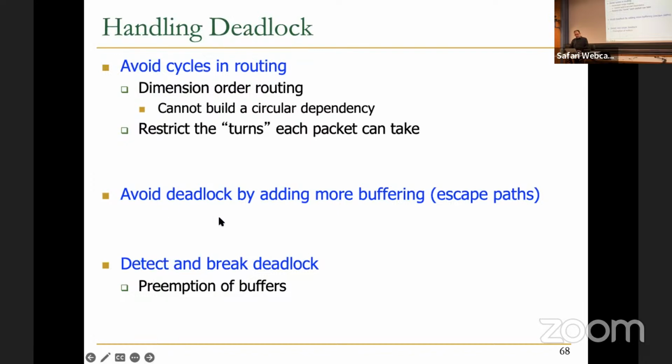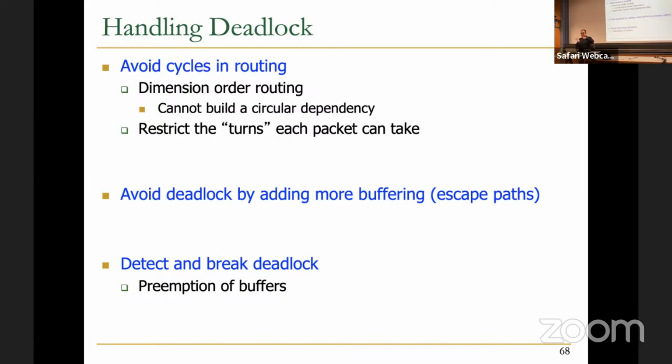But another approach is that you can avoid deadlock by adding more buffering that creates escape paths. For example, as I said, in a torus network or ring, you have this wraparound, and that makes a circle, right? So if you consider that this wraparound always takes different buffers, so you add some buffers, and whenever you want to take a wraparound, you go to another buffer, right?